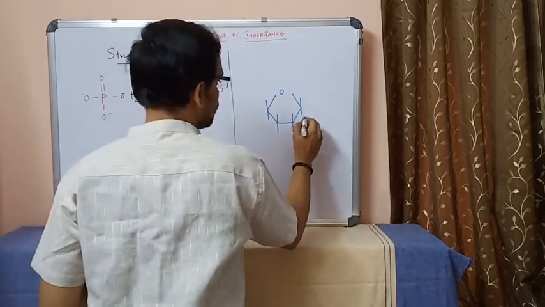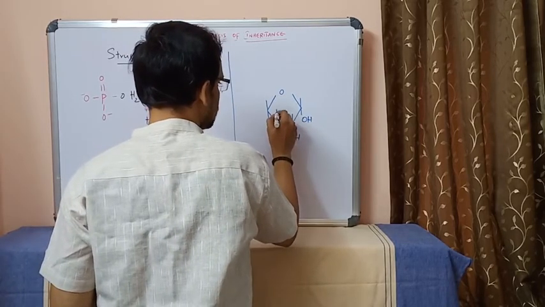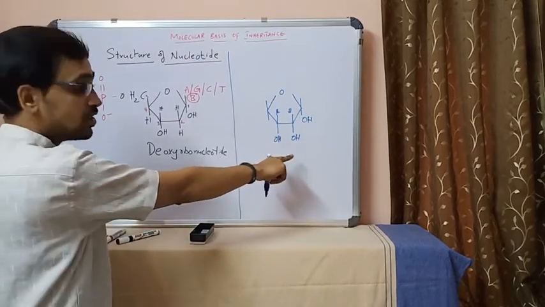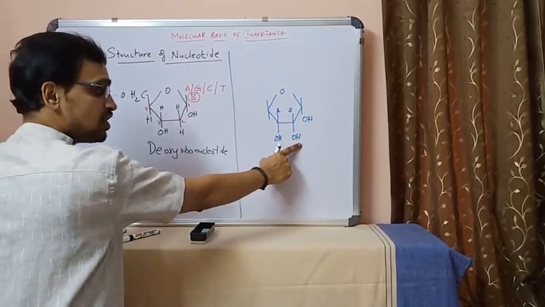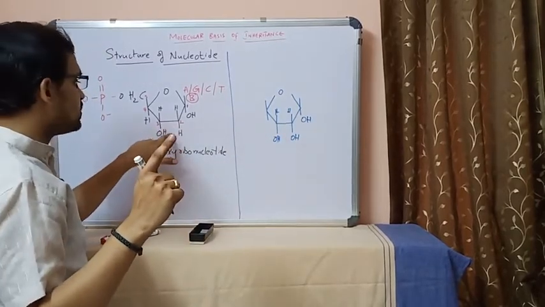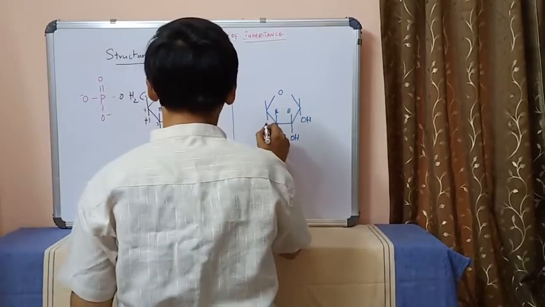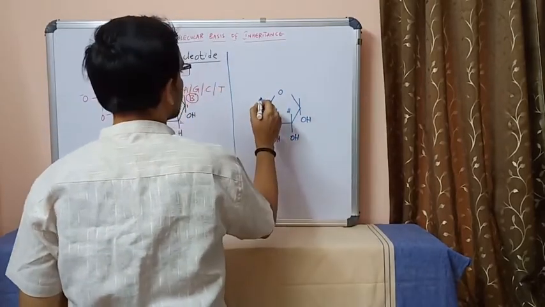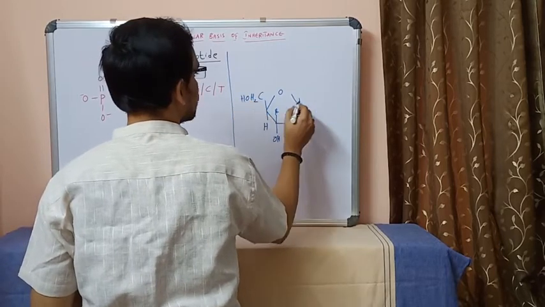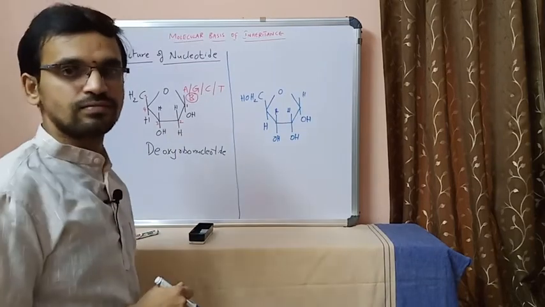Here OH, OH. So OH is present at the second position. Hydroxyl group is present at the second position because it is the ribose sugar. If it is deoxyribose sugar, hence OH is absent. So this is the normal structure of the ribose sugar.